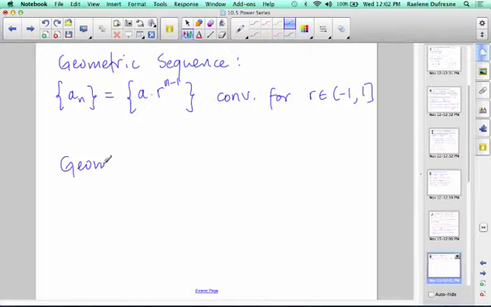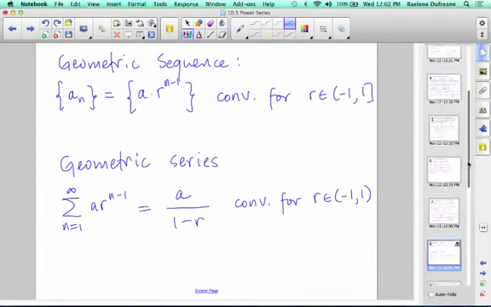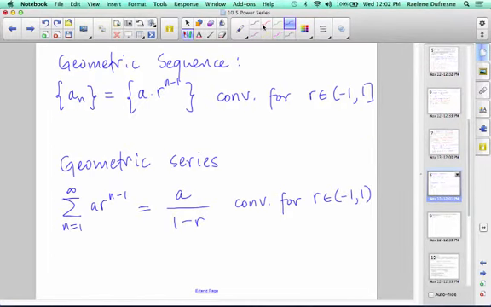And the geometric series converges, let me write all this down, it converges for r contained in the open interval from -1 to +1, and it converges furthermore to the sum a over 1 minus r. This is a very important result. I'm repeating it from section 10.1 and 10.2 because it is so important.